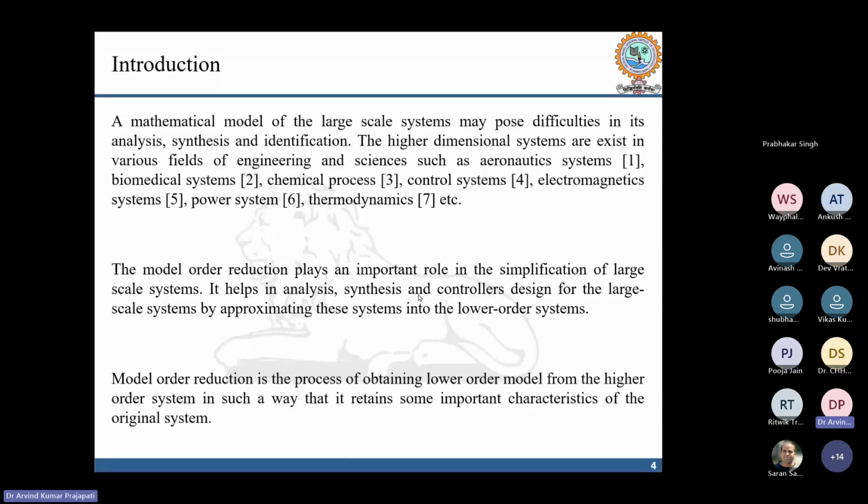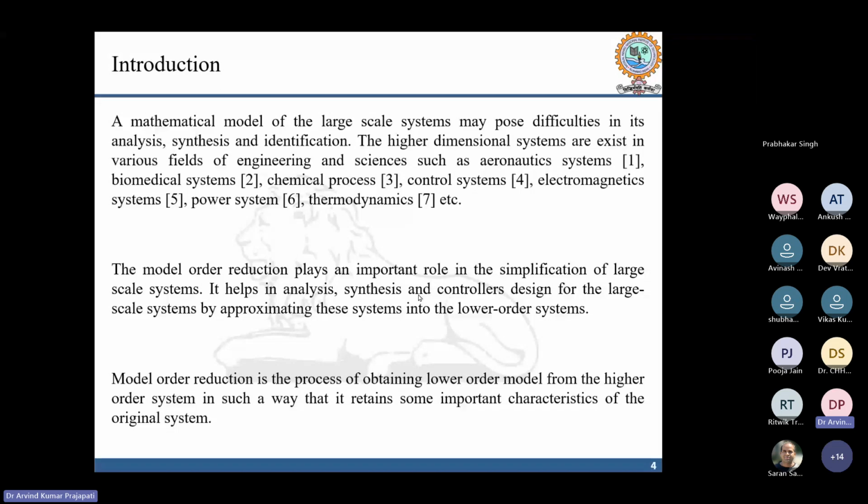So model order reduction we can simply define as a process or technique to replace the complex systems or higher order systems with simple systems, which is known as a reduced order model or simplified model, which has the fundamental properties of the original systems, as well as reflects the properties of the original systems.